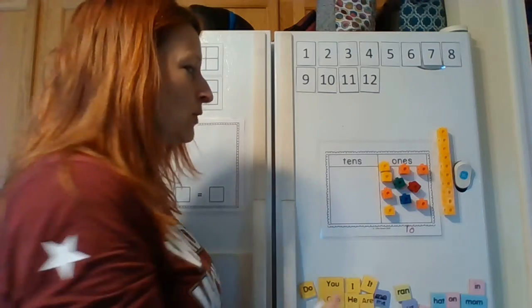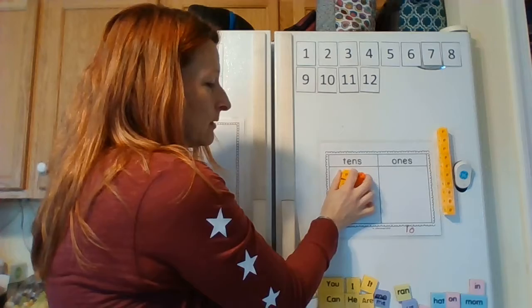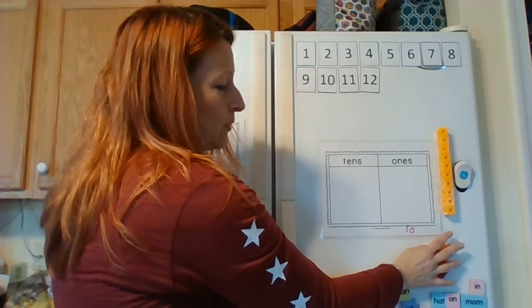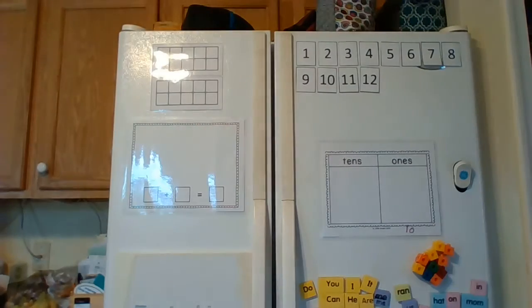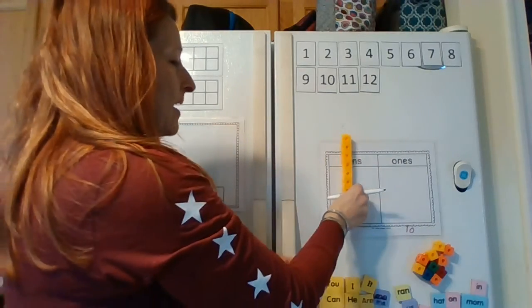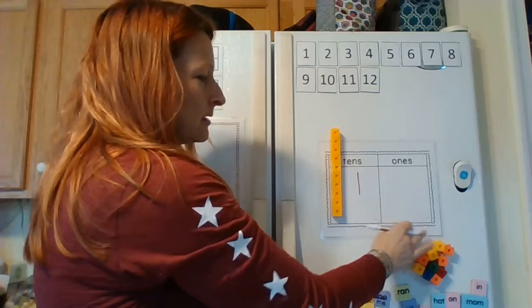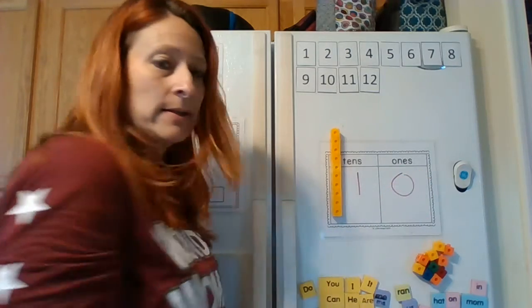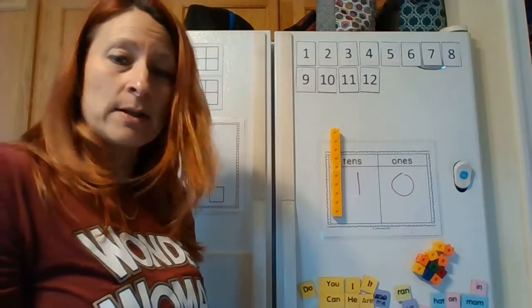So that's when you take all of these and you move them over here, and you would probably put them in a nice orderly fashion. Sorry, I'm really dropsy today. I would put all of them in there, and I would have 1 ten and 0 ones. So we have one group of 10 and 0 ones.